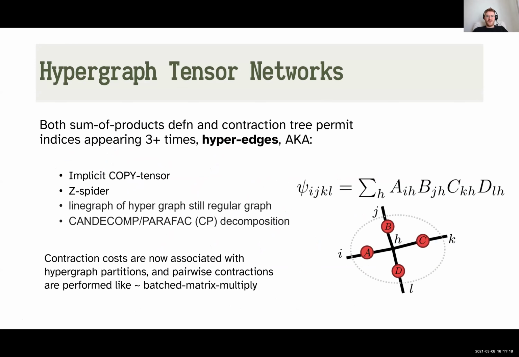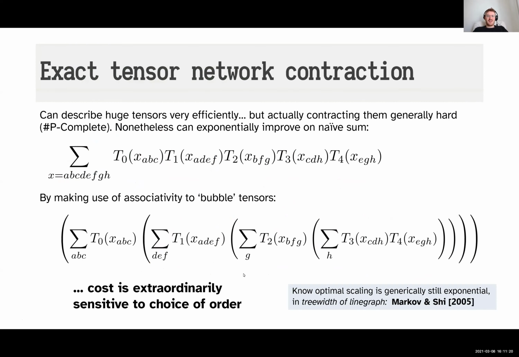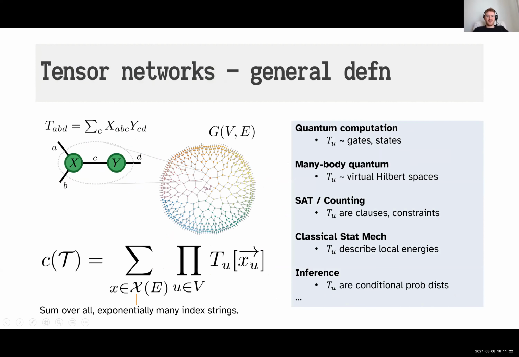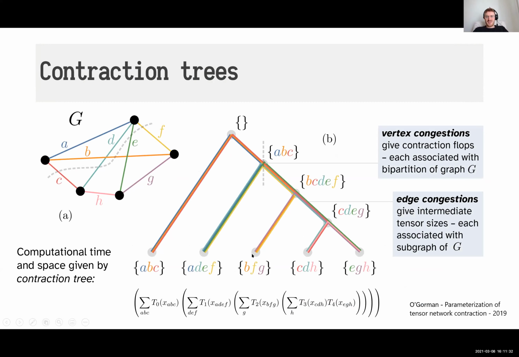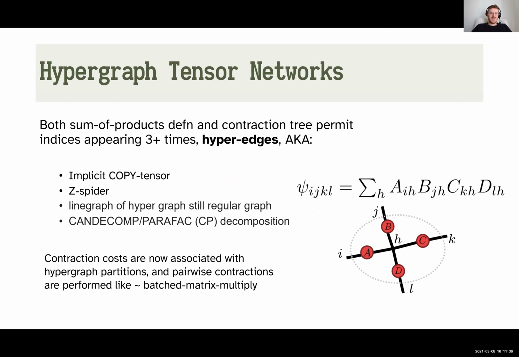So in this original definition, I put this XU here, which is like some substring of all of these index permutations that are indexed as an individual tensor. And in this definition as well, we just have indices flowing up this tree. And neither of these things preclude indices appearing on at least 3, or basically as many tensors as we want.